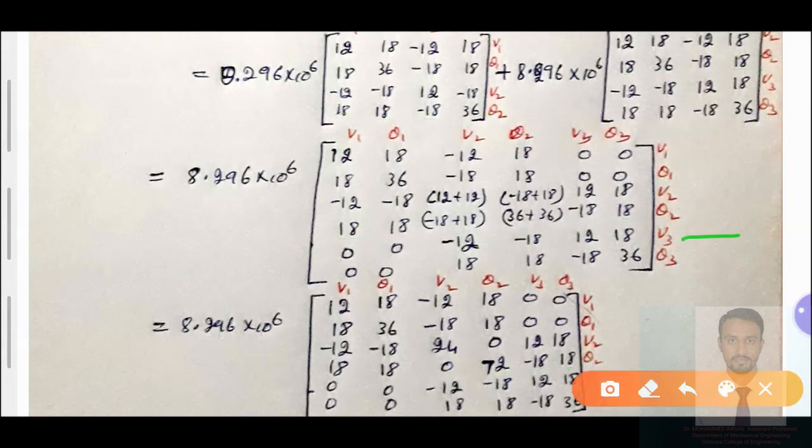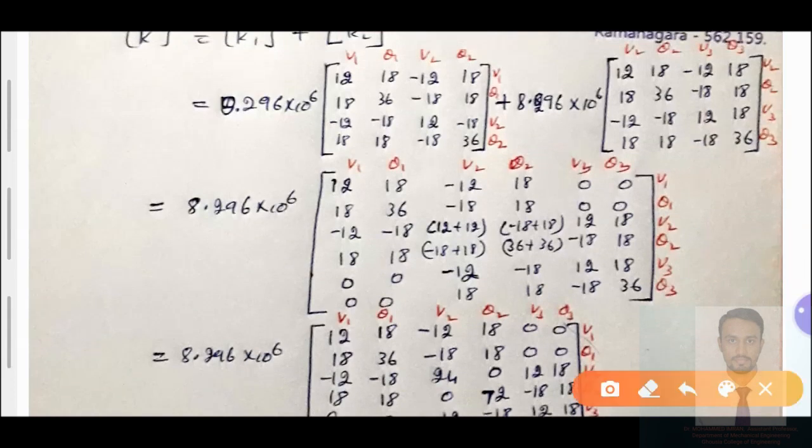Similarly we have V3, where exactly V3 is there, consider it. V3 we don't have any value in matrix number 1 for element number 1. With respect to matrix number 2 we have a V3 here, that row we need to select. V3 with respect to V1 is 0, V3 with respect to theta 1 is equal to 0, we don't have any values in the second matrix with respect to that row and column.